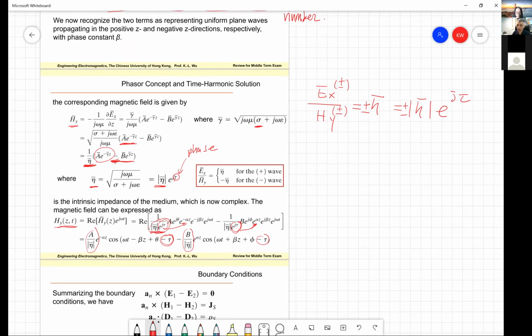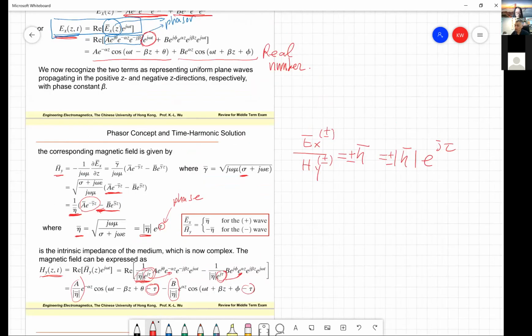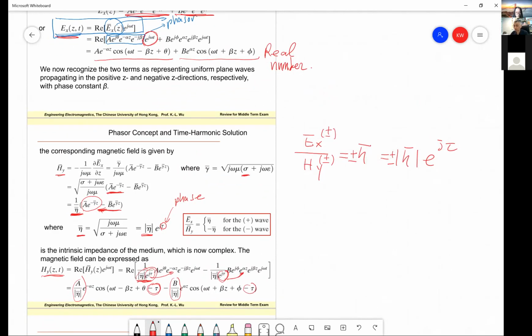In the plane wave expression in terms of phasor, we have three factors. This is the phasor x component of the electrical field.